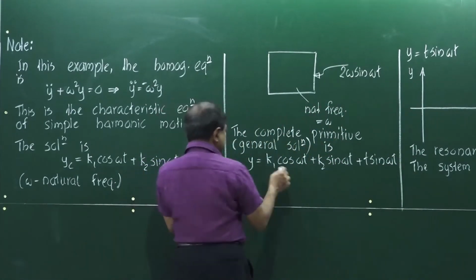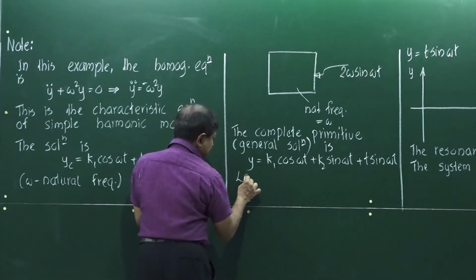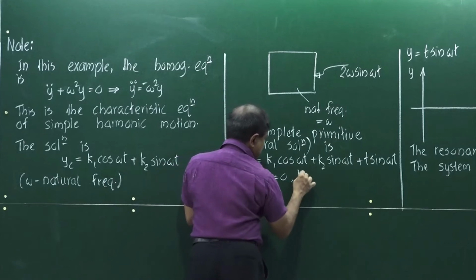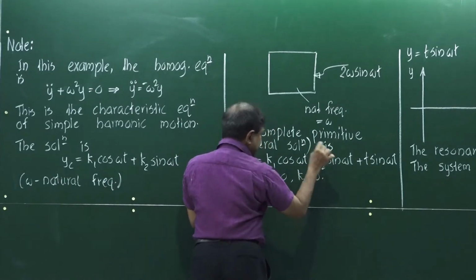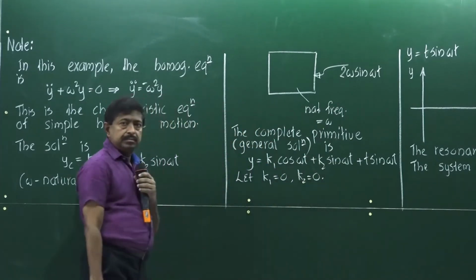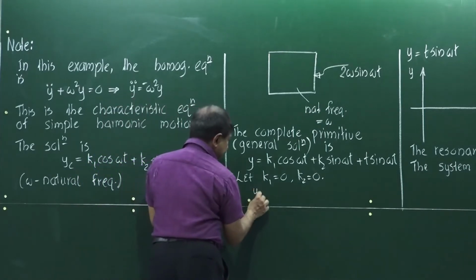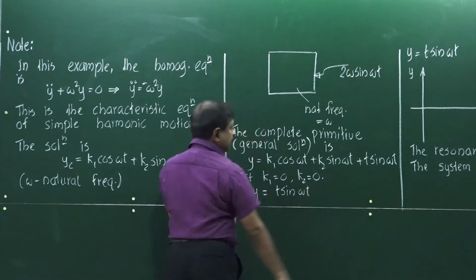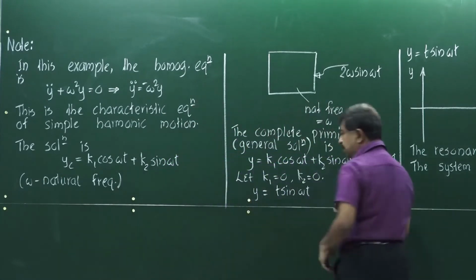Right? To make our life easier, let's take k1 equal to 0. Let these two be equal to 0. So you get y is equal to t sin omega t. Now how do you sketch that?